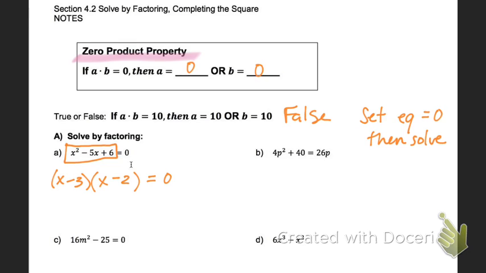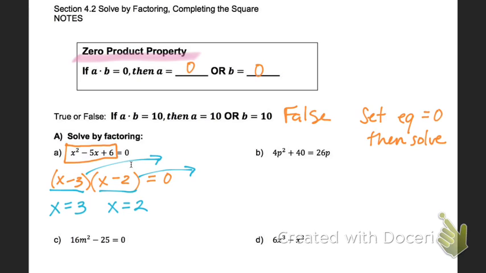From here, I'm now going to set each parenthesis equal to 0. So x equals 3 and x equals 2. I'm going to show you the long way, but honestly, you're just taking the opposite sign. So I can look at it and say that it's 3 and 2.